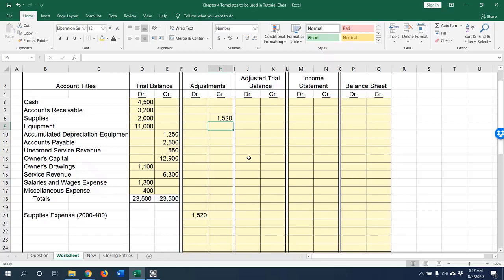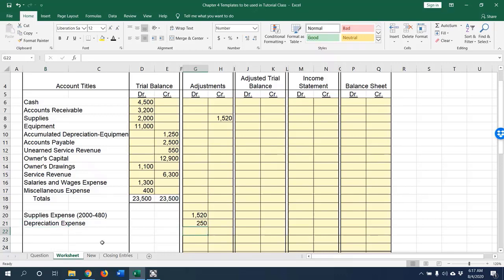Very simple. Can you find any depreciation expense here? No. So again, we have to create a new account named depreciation expense, and the depreciation expense account has been created here, and this account should be debited by 250.